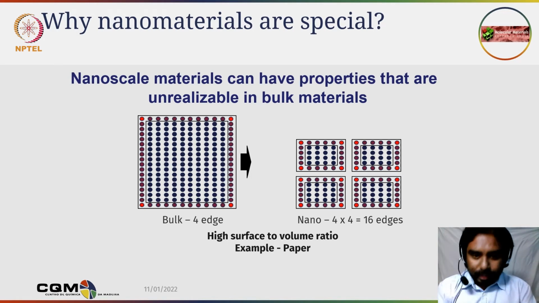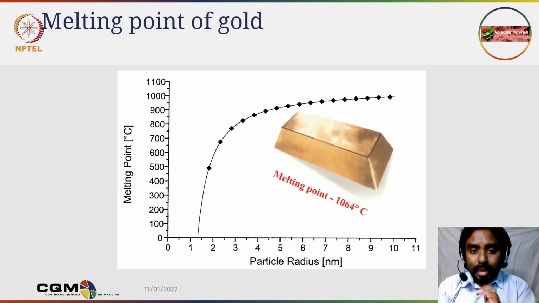You have enhanced, exclusive properties which will be beneficial for biomedical applications, right? The best example for this is the melting point of gold. When you have bulk gold, which you use in jewelry and ornaments, the melting point of pure gold is 1064 degrees Celsius. When you reduce the size to nanometer, for 50 nanometer and 40 nanometer, there is a huge difference.